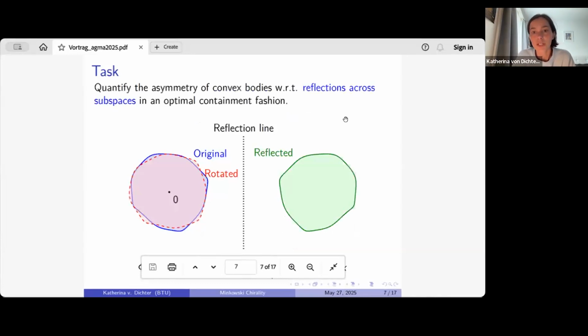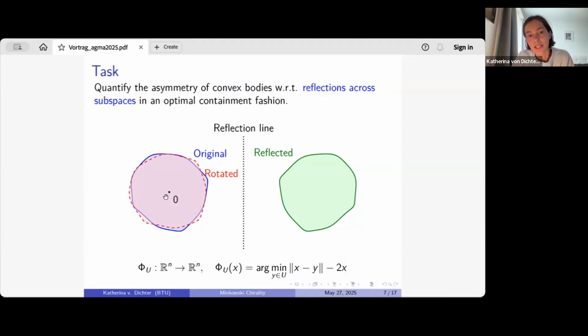The next thing we have to understand is what reflection across subspaces means. So let's have an example. We take a convex body, which is this blue set, which we call here the original set. And we take the zero point. So let's say that it is centered, and let's take as a center its barycenter.